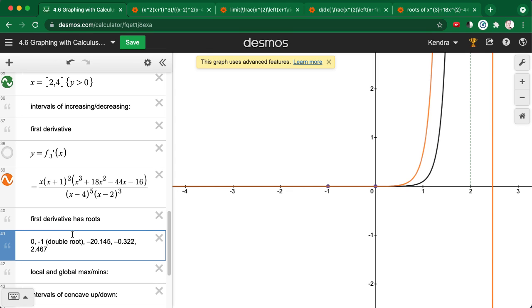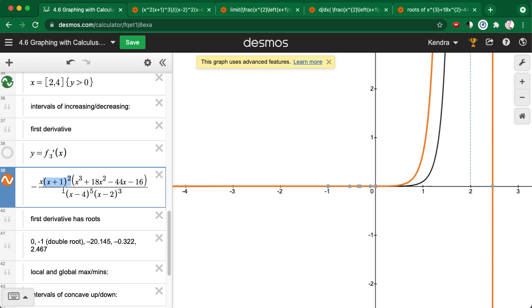All right. So the fact that this is a double root, this squaring, means that for x outside of -1, for x less than -1 and x greater than -1, the sign of the derivative is not going to change, okay?